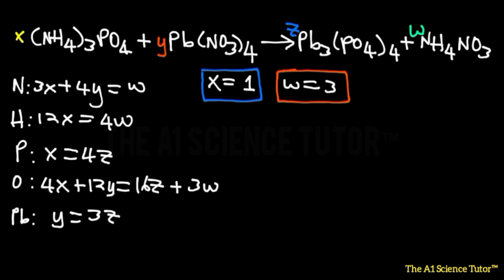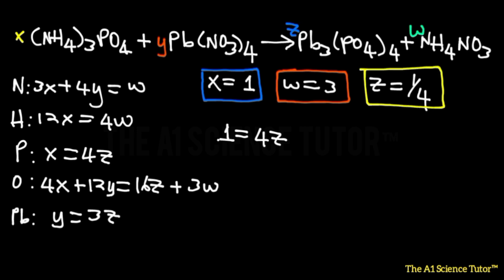Now let's also use x as 1 for equation p. So that will be 1 is equal to 4z. And so, of course, you know this is going to be z is equal to 1 divided by 4. So right there we have z.